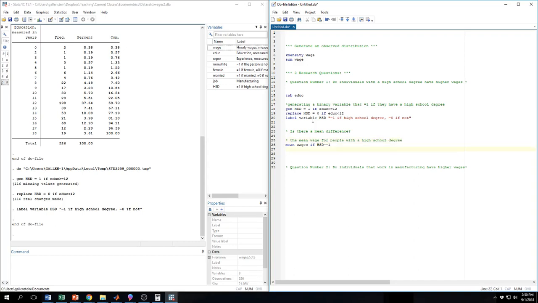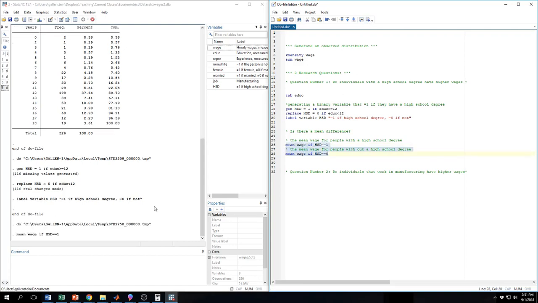All right. And then we'll also do the mean wage for people without a high school degree. Mean wages, it's just wage, isn't it? There we go. Wage if high school degree equals 0. All right, so then I'm going to highlight these two, and it's going to run.